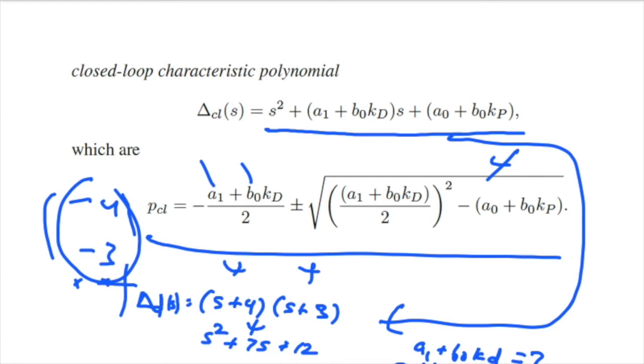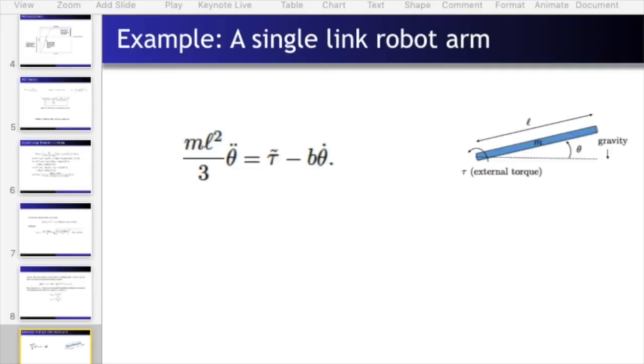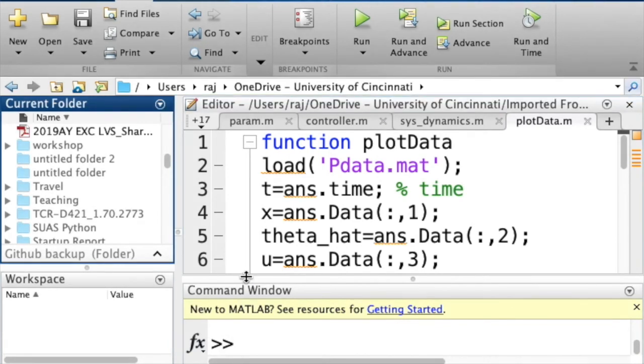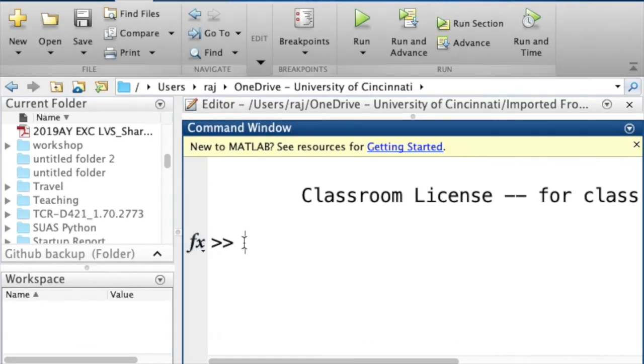Okay, so let's go to this Matlab. I don't know if you have seen these commands. Let's just cook up a transfer function.